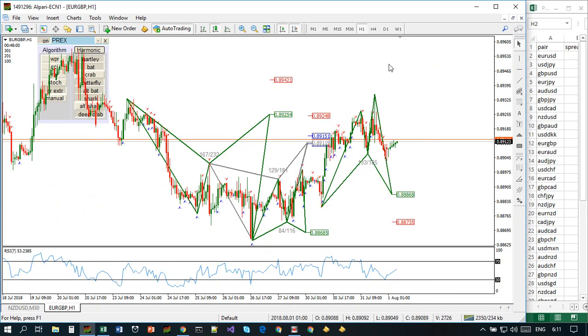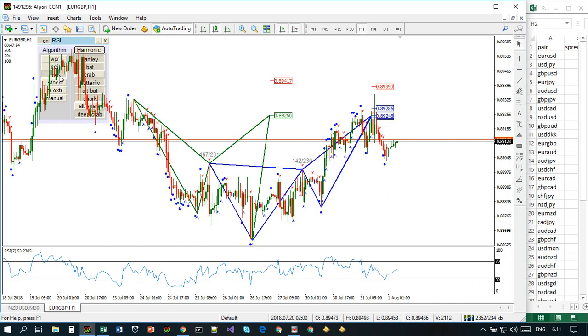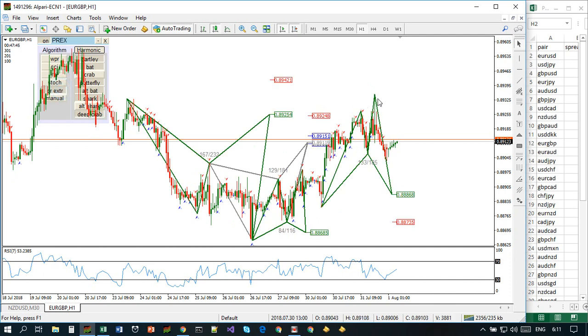What we basically have on 1 hour is this. Okay, shark pattern and nothing else. I posted the shark pattern on Euro GBP, and yes, it already started the movement.